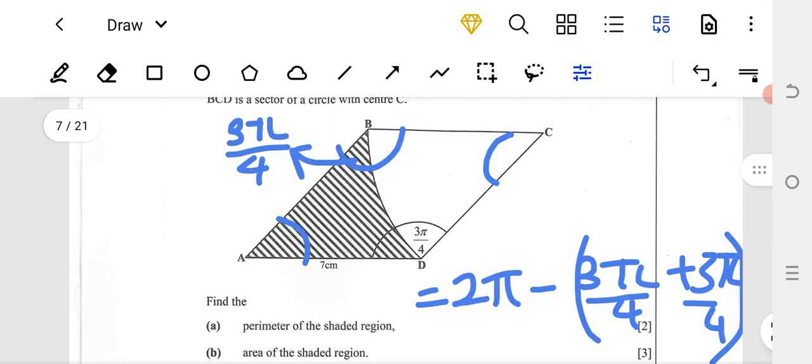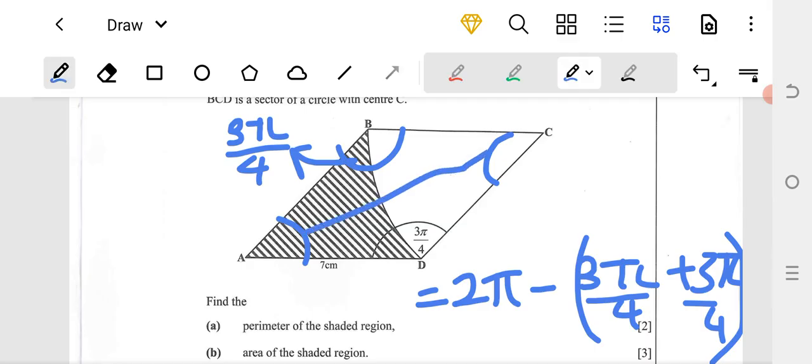So the sum of these two angles, added together, gives you theta equal to pi over 2.